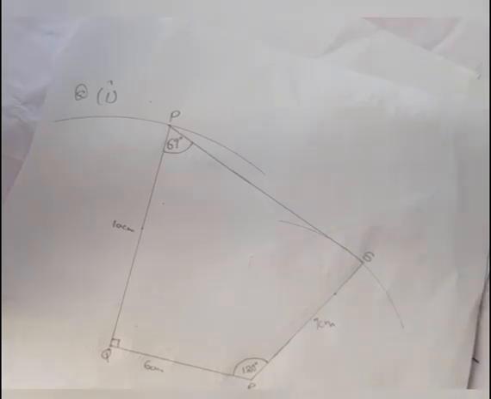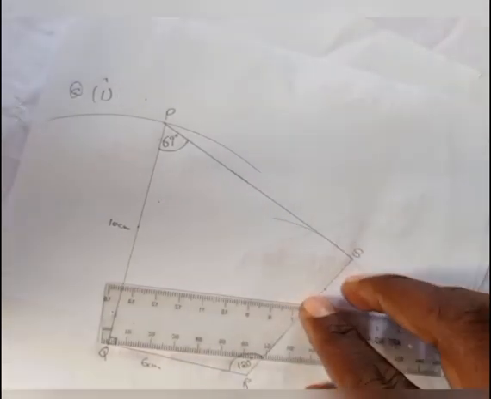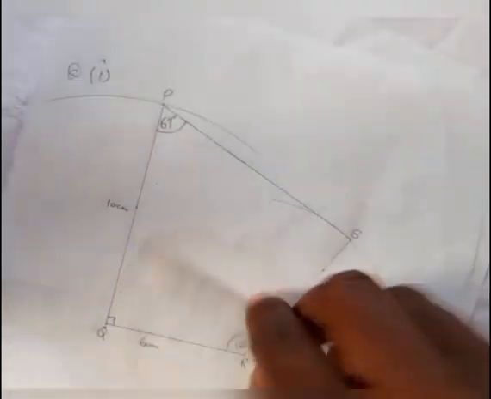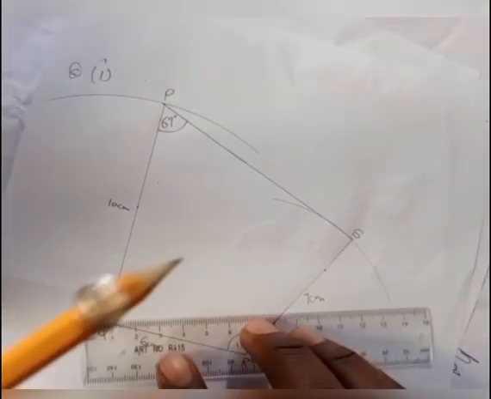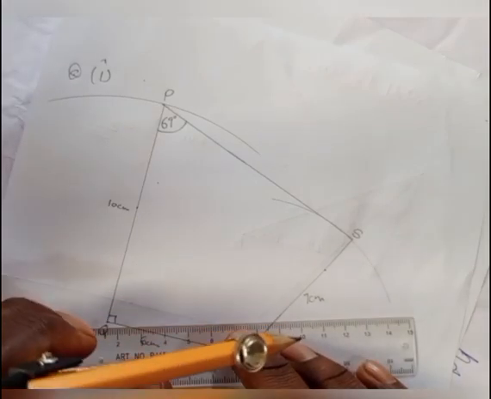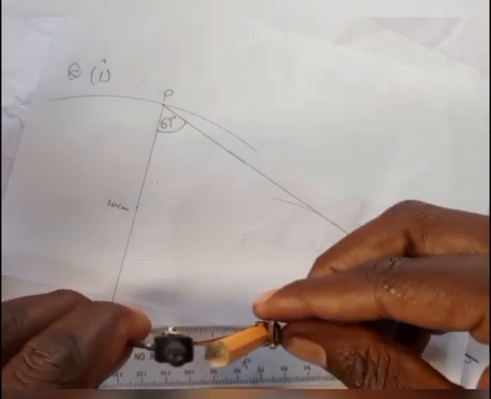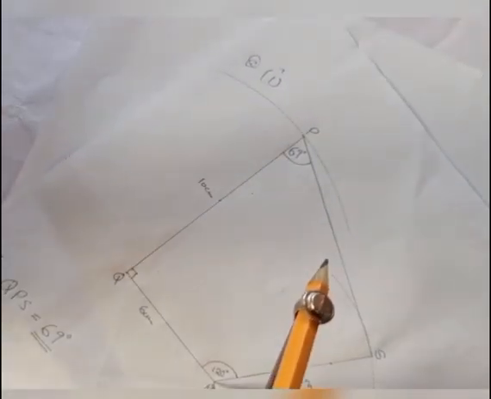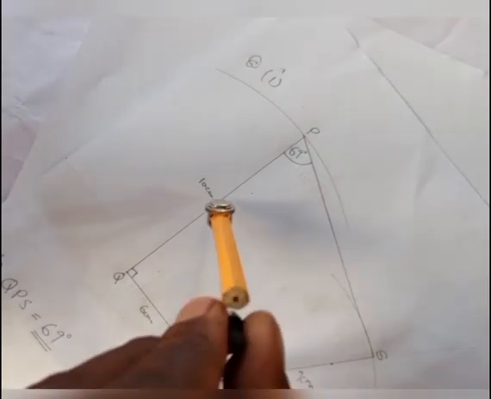What is our 8 centimeters from R? You get your ruler. You move like this. From there, you move 8 centimeters like that. We have 8 centimeters. So you put it on your R and you do this.